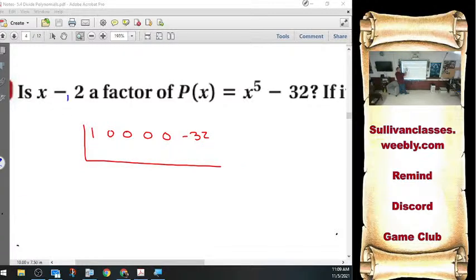Put the 0 of, and then multiply, add, multiply, add, multiply, add, multiply, add, multiply, add.